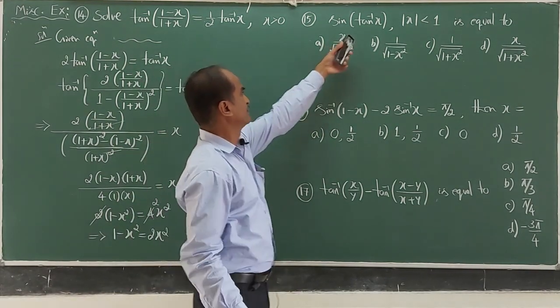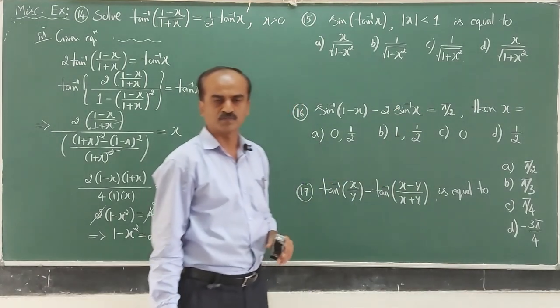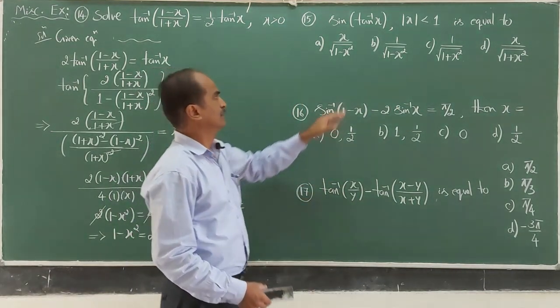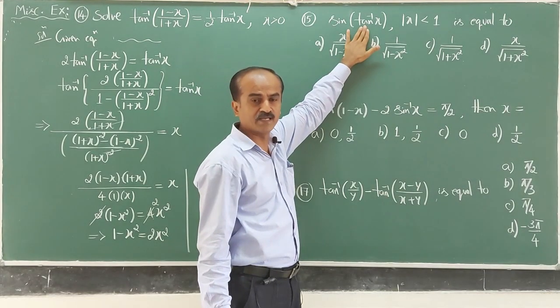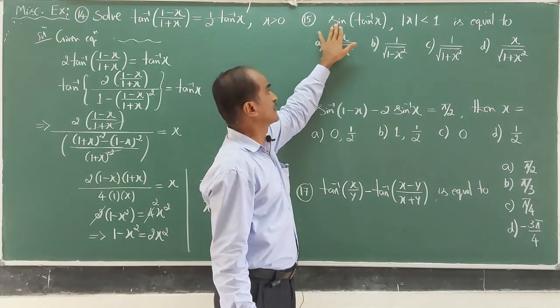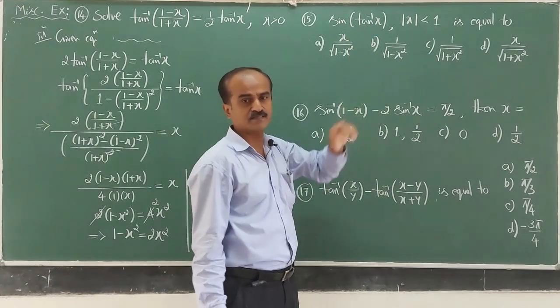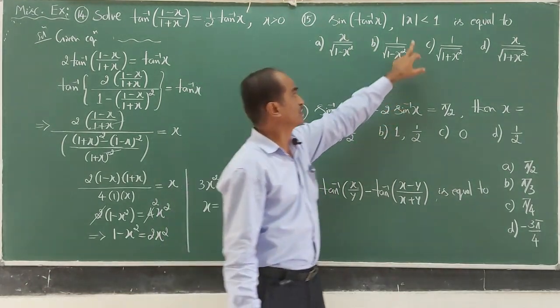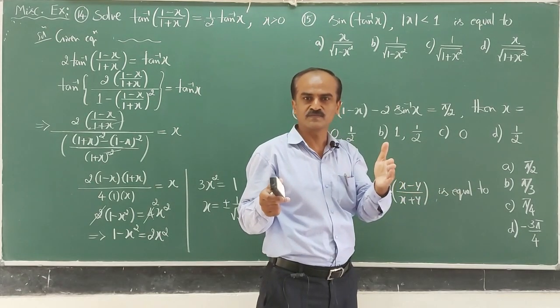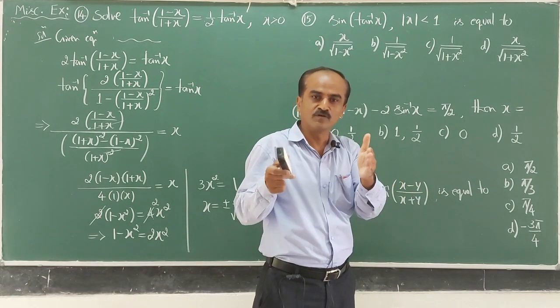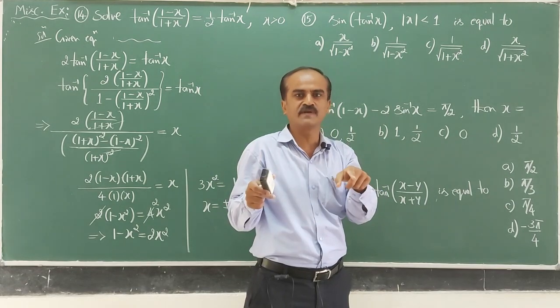Sine of tan inverse x is equivalent to what? Suppose instead of tan inverse, assume that I have sine inverse. Sine of sine inverse x, straight away I can write it as x, because look at the values of x. It is in the interval minus 1 to plus 1. Actually, the domain of sine inverse is the closed interval minus 1 to 1.